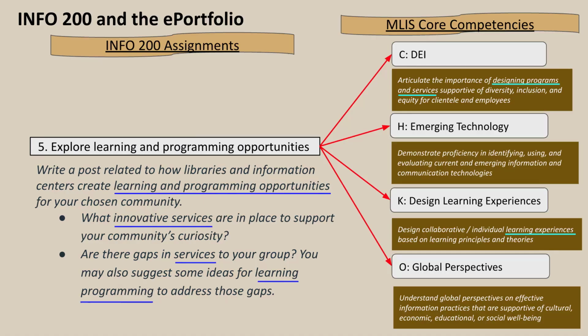It's also good evidence for Comp K, which focuses on learning experiences. And if your learning and programming opportunities encompass emerging technology and/or global perspectives, your blog post may work for Comps H and O as well.